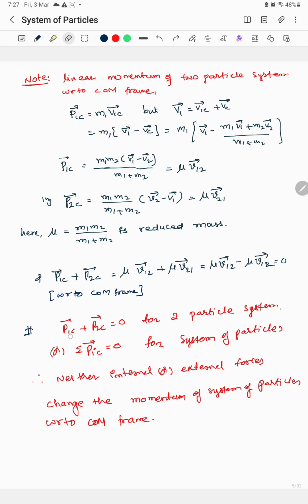The conclusions are P1C plus P2C equal to 0 for the two-particle system, and summation Pi is equal to 0 for a system of particles. Therefore neither internal nor external forces change the momentum of a system of particles with respect to the center of mass. Okay, that is the final conclusion.